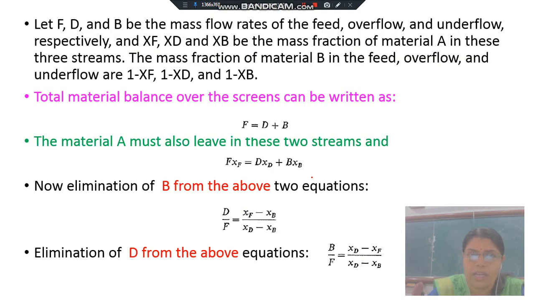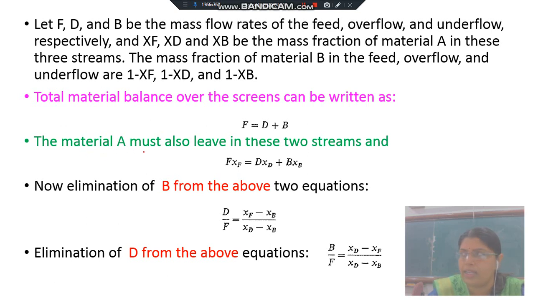If I first write down the material balance, the total feed F equals overflow plus underflow, F = D + B. XF, XD and XB are the mass fractions of material A in the feed, overflow and underflow, and in the same way 1 minus XF, 1 minus XD and 1 minus XB are the mass fractions of material B in the feed, overflow and underflow.